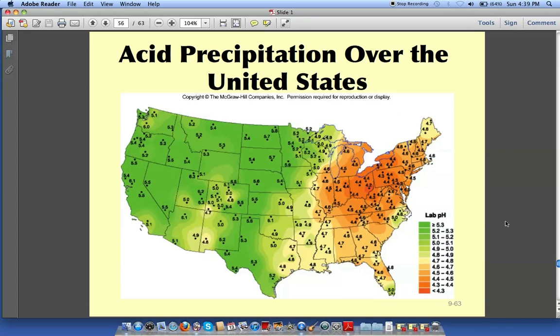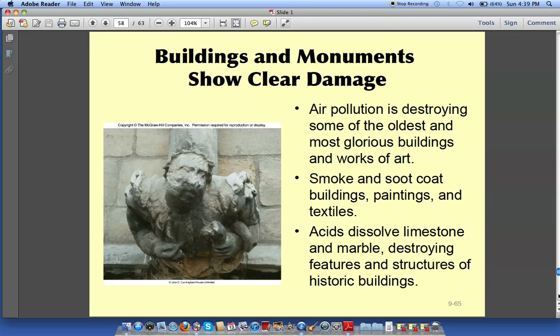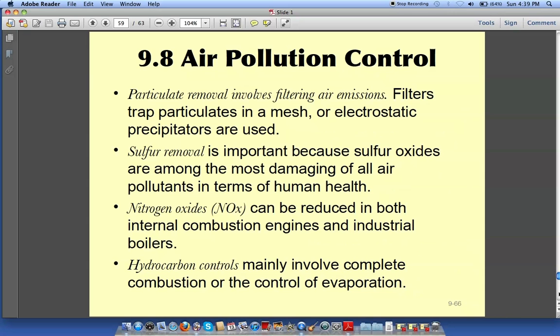So even in Florida, we do not escape acid rain. It is a problem, and this is evidence of it. This is what happens. Building materials disintegrate from the acid.